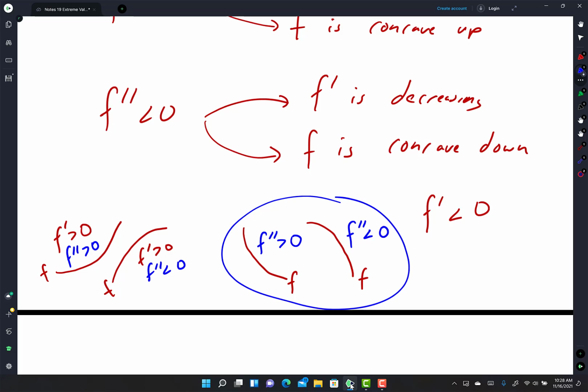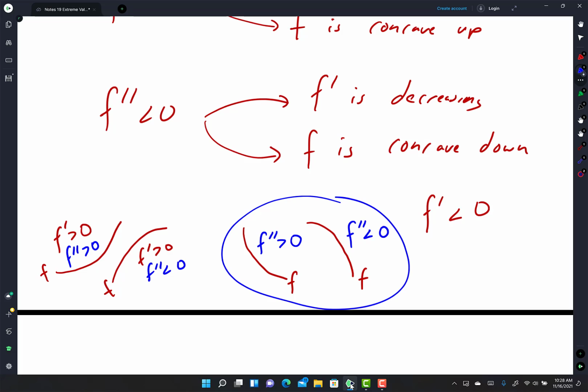Why? Because of the numbers you gave us. You could also say it's because you're concave up. The only way you can be concave up is if f prime is increasing. Does that make sense? Negative 10, negative 8, negative 5.